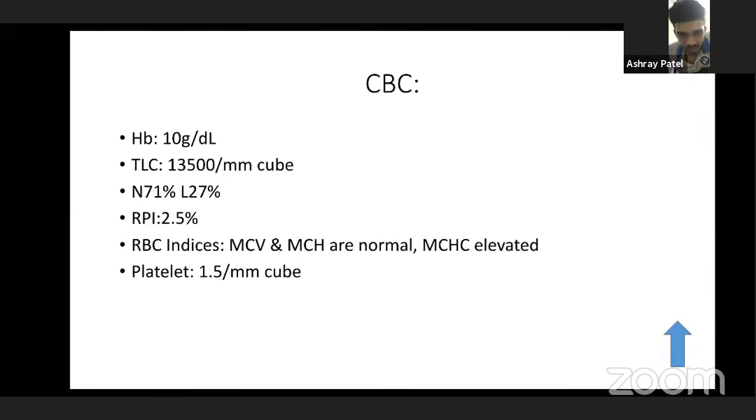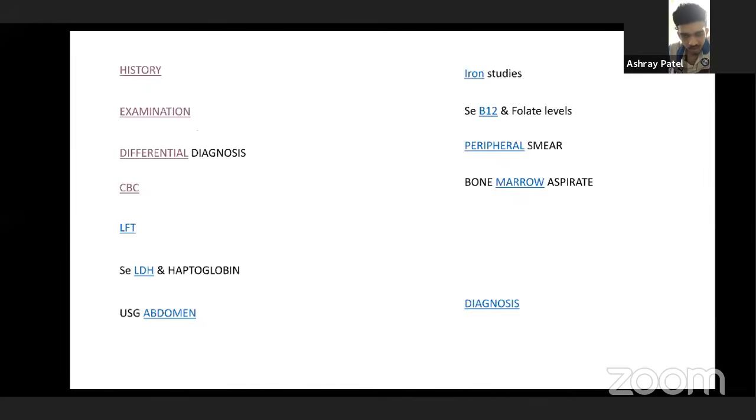Next, RBC indices. What does it show? There's no iron deficiency or megaloblastic anemia because all are normal. Okay, fine. That is what you told. Next, what do you like to see? Peripheral smear. Okay, peripheral smear, I think will come a bit later. Anything else?